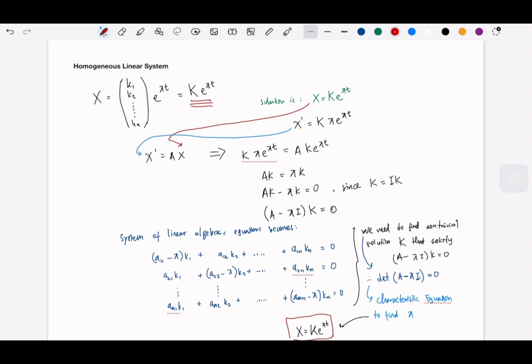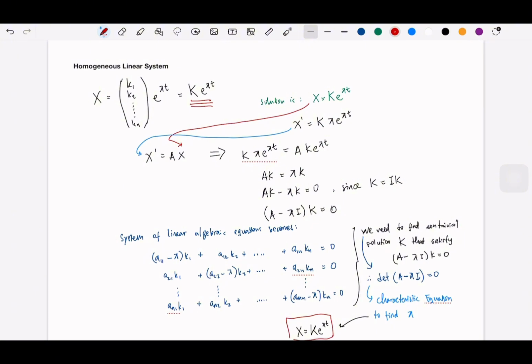equal to 0. This would be possible if we satisfy this with the determinant of A minus lambda identity equal to 0. Basically, this is what we have from previous eigenvalue topics. We call this the characteristic equation.